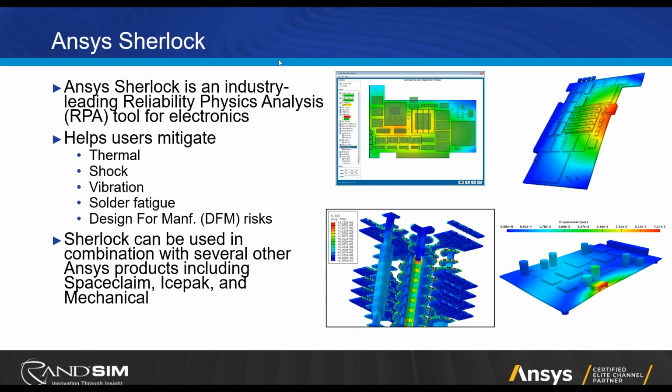So now a little bit more about Sherlock. Sherlock is our reliability software. This allows you to mitigate a variety of different situations which might cause your design to fail, not immediately, but over that 5-year mark, that 10-year mark, etc. It will take into account temperature, shocks, vibration, solder fatigue, like we had said earlier, and it also includes some design for manufacturing risks.